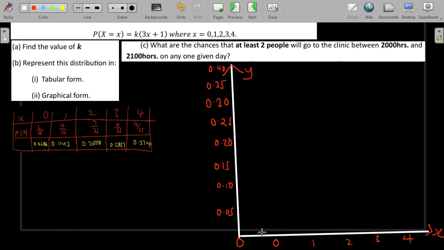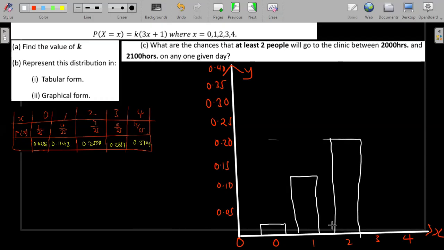So 0 here is going to 0.0286, somewhere below this value, so it's going to come there. Then 1 goes to 0.1143, just slightly above the 0.1. Then 2 goes to 0.2. 0.2 is there.